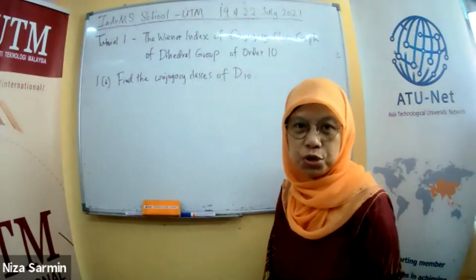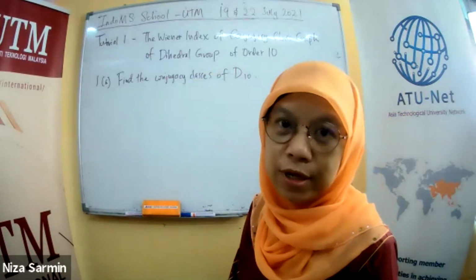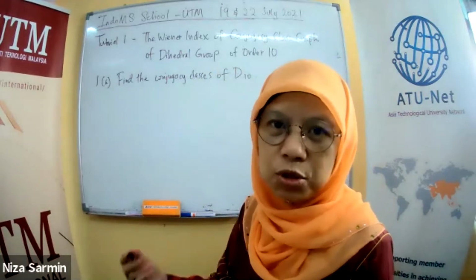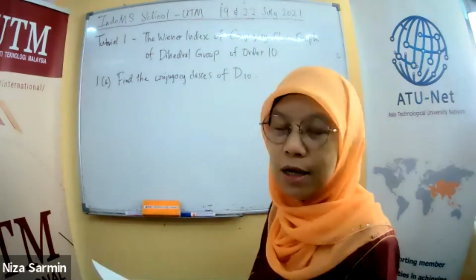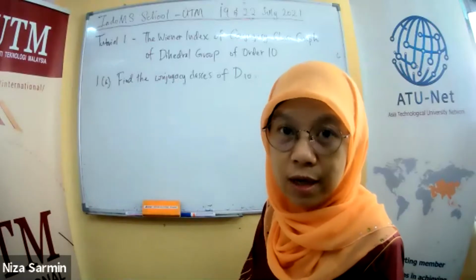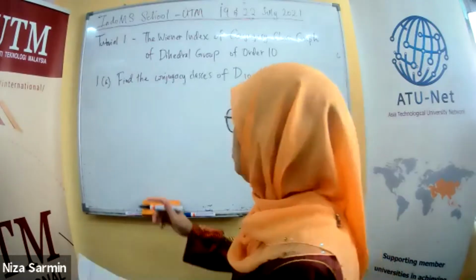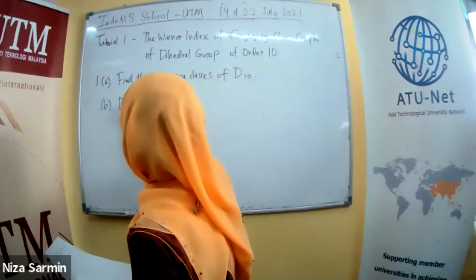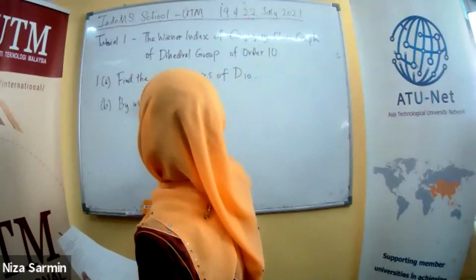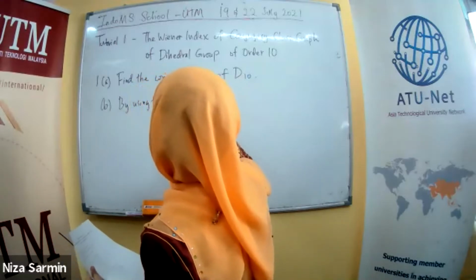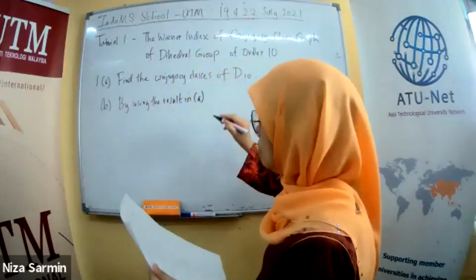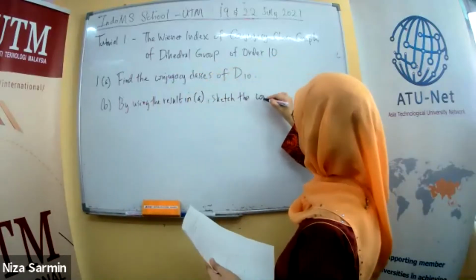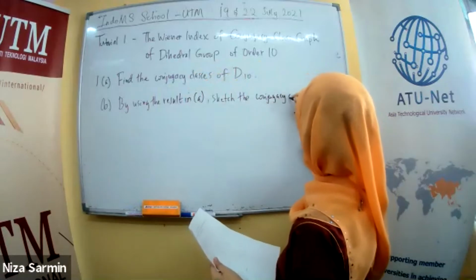You can use a and b: D10 is generated by a and b, with a^5 = b^2 = 1. We also have a proposition on how to find the conjugacy classes of D2n, and you can use that for part B. Using the result in A, sketch the conjugacy class graph.